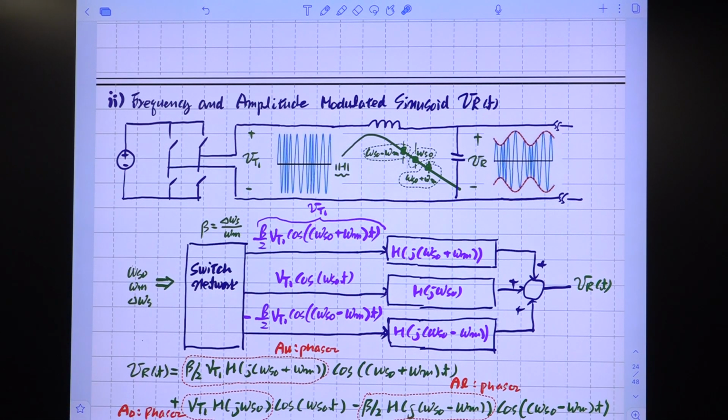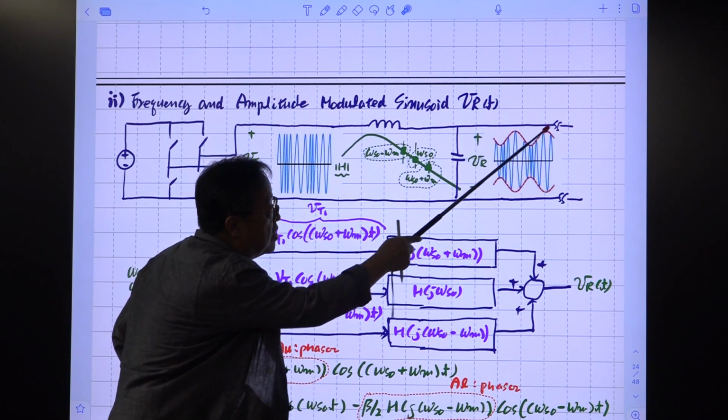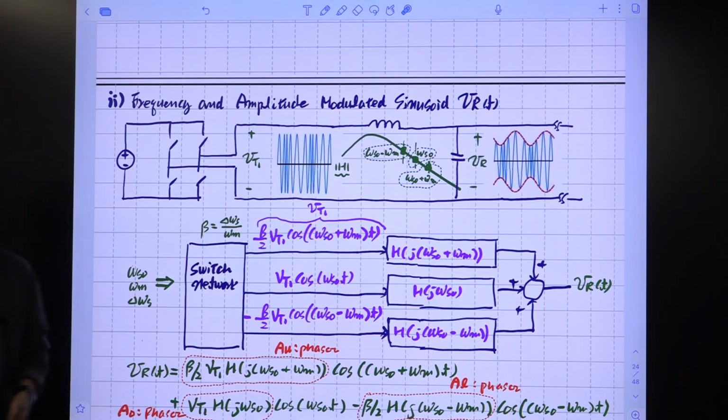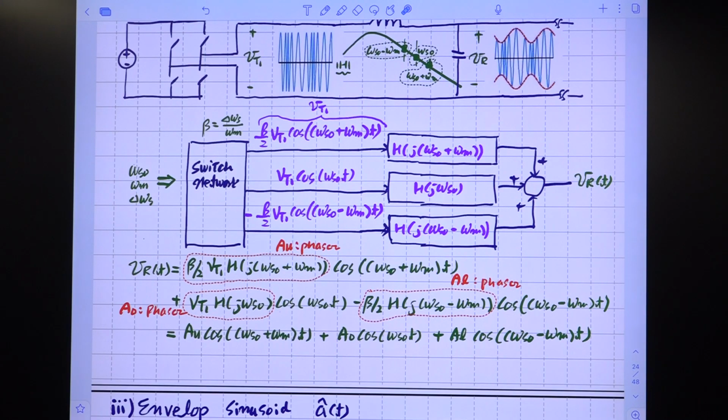So we need to have two expressions: VRT first, and eventually we need the expression of this envelope. So next step is, VRT is expressed like this.